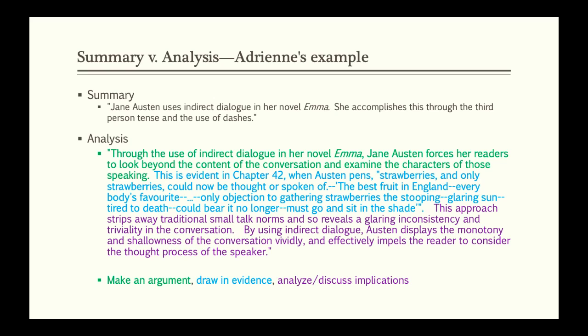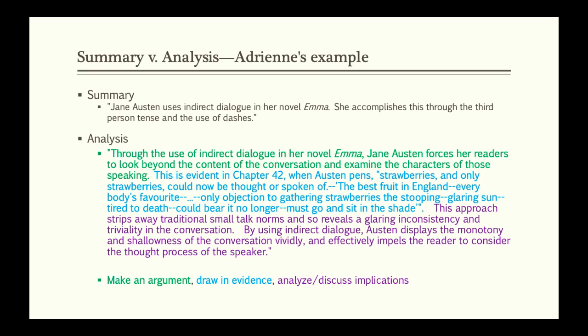We can actually try to see, is this true? And you couldn't do it just by reading the facts of the novel, because we're saying, she's using indirect dialogue, but she's doing this with it. And she's making her readers think about this and feel these different things. So again, this is clearly more of an analysis because it's looking at what effect does it produce in the readers instead of just saying, here's what she does.